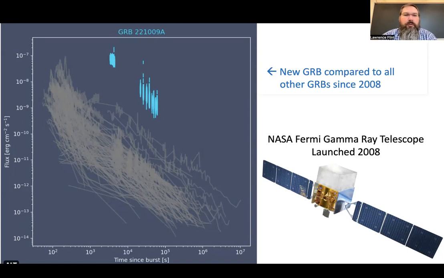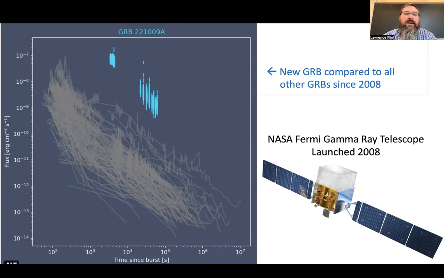So toward the left-hand side of the graph is the recent time from when gamma ray bursts are detected until the gamma ray energy decays over the course of some time. 10 to the 2 seconds is 100 seconds, 10 to the 3 seconds is 1,000 seconds, 10 to the 4 seconds is 10,000 seconds, and so on. And the vertical axis is the amount of energy from the gamma ray burst.